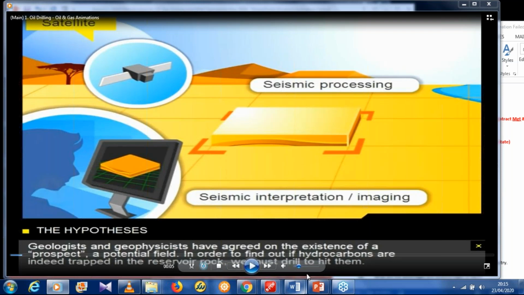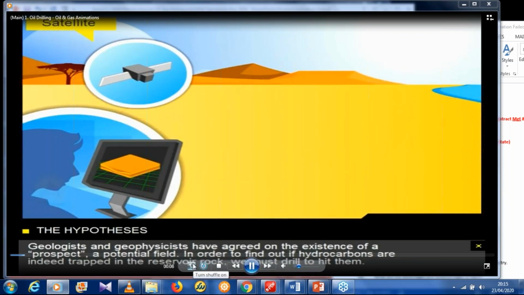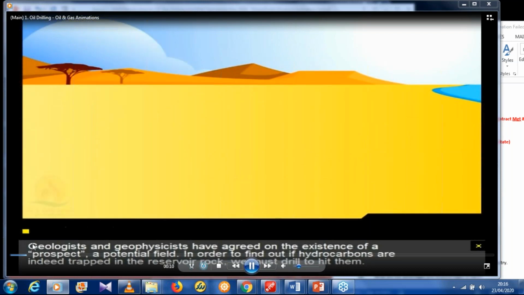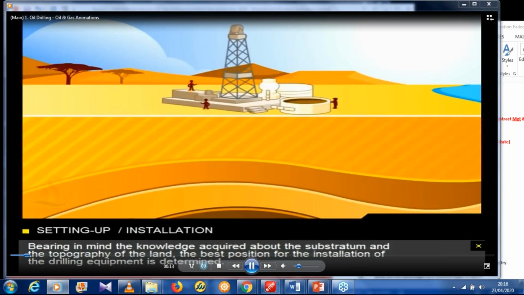All right. So after then, before the process of installation. Now, installation of the drilling rig. So this is what happens.